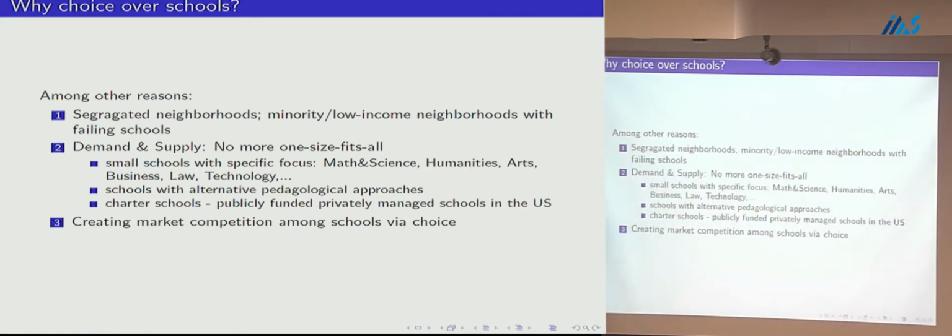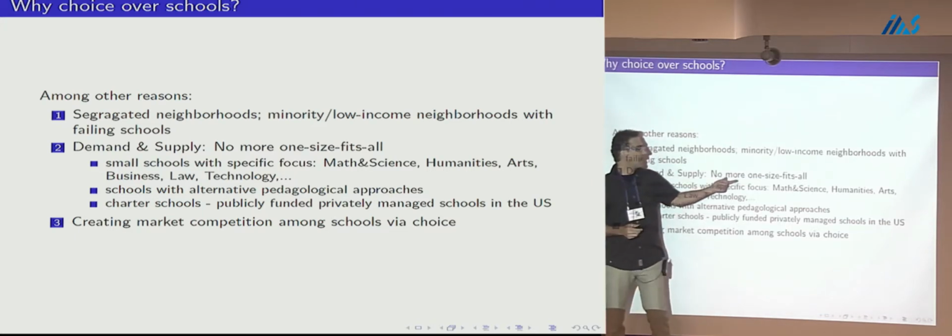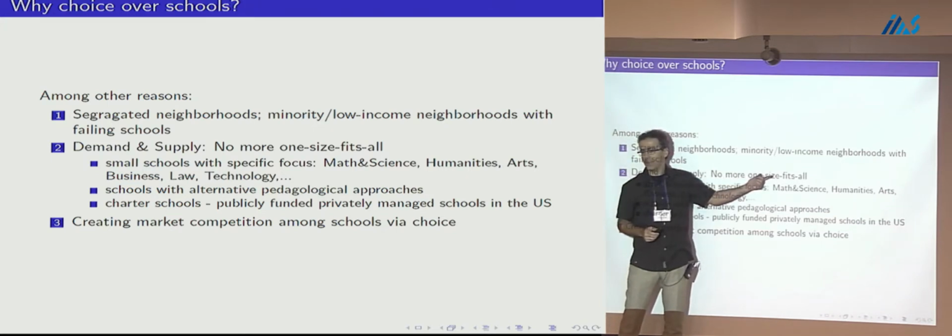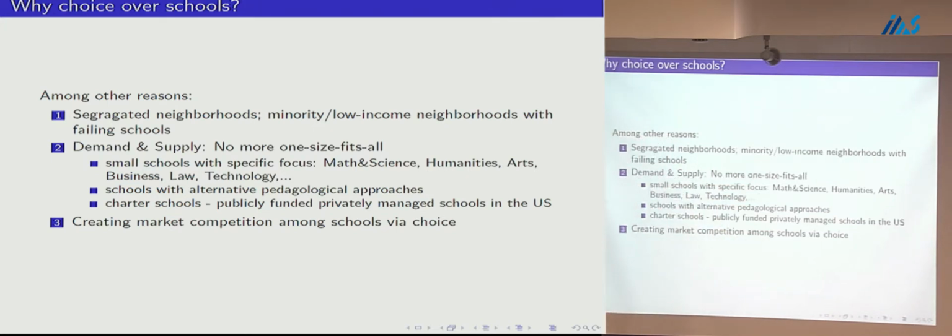But today we have more reasons. One of the reasons is actually a demand and supply issue, the basic demand and supply issue. How are we going to clear the market? One size no longer fits all. When you look at school districts in the US and around the world, you are going to see that now the large high school movement that started in the 1950s is being replaced by a small school movement.